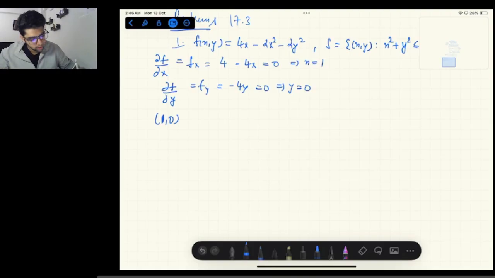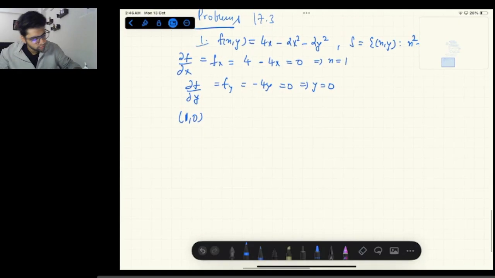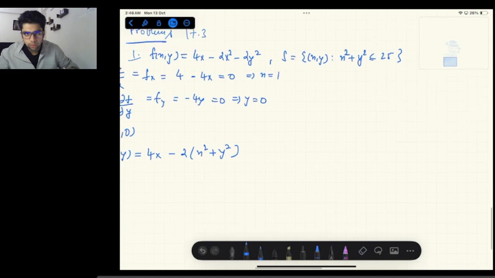How do we do that? What I can do is I'll put the constraint into the function and find the points. So my function f(x, y) = 4x - 2(x² + y²), and x² + y² is given to me as 25.